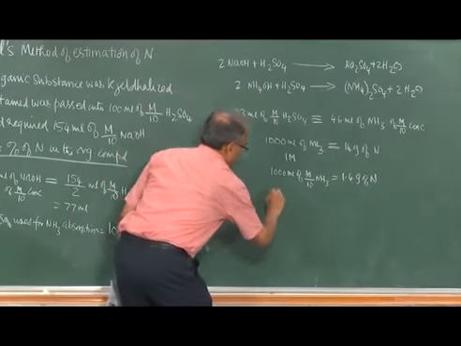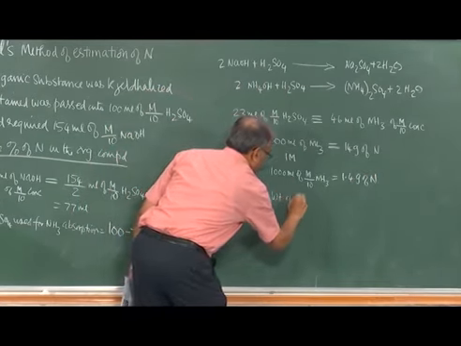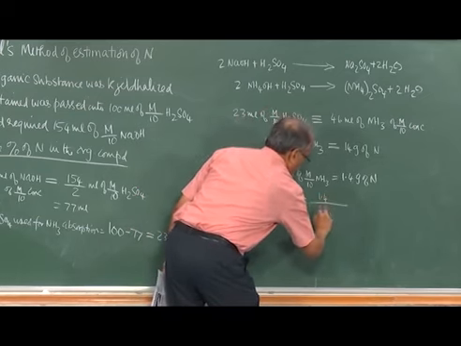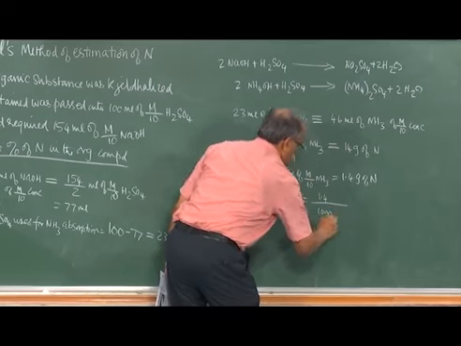Therefore, the weight of nitrogen is equal to 1.4 grams in 1000 milliliters of M/10.